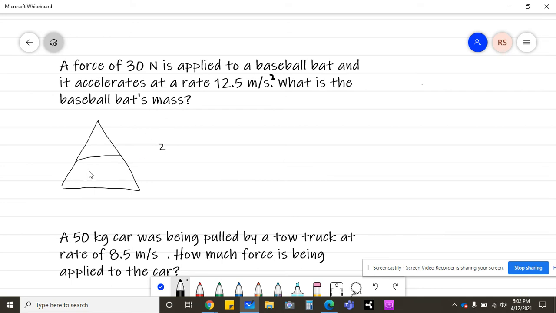So we're looking for mass. We don't know what mass is. And then we're given force, which is 30 newtons. And then we're given the acceleration rate, which is 12.5.